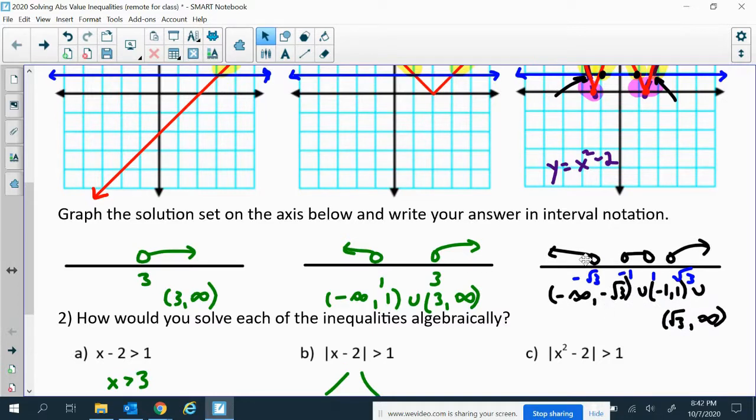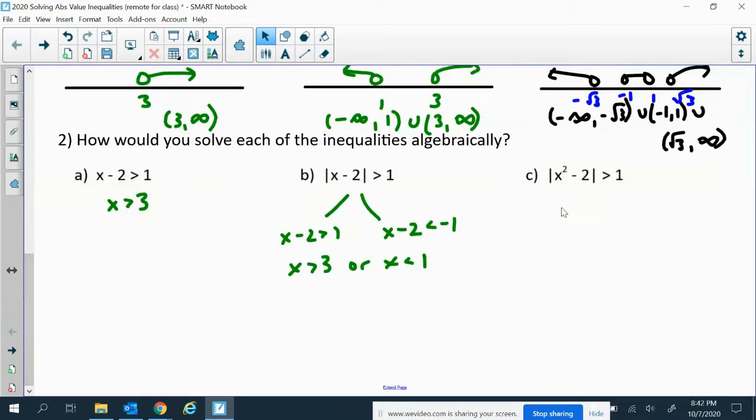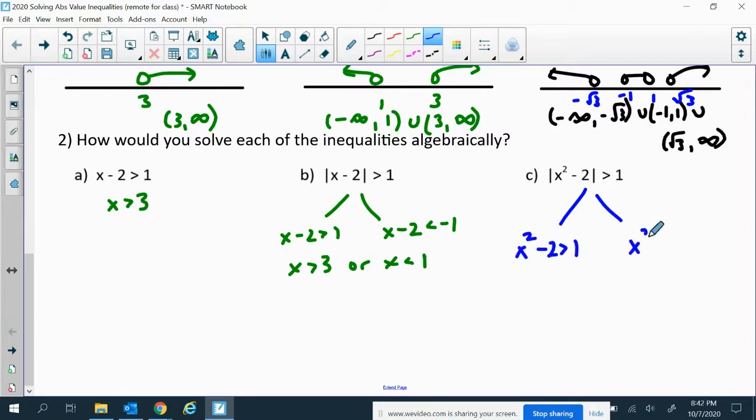Oops, looks like I'm not going to be able to move it, but you can still see it. If I'm looking at how to solve this, I would still break this into 2 cases because the absolute value is by itself. Then I would solve. I get x squared greater than 3 and x squared less than 1.